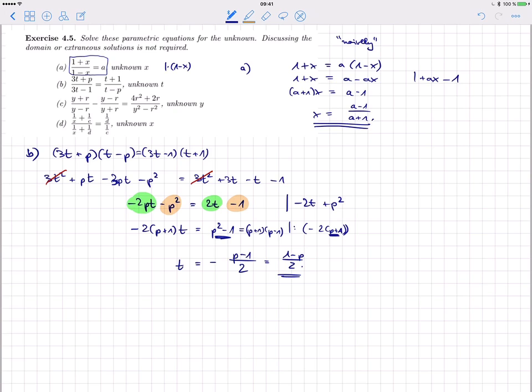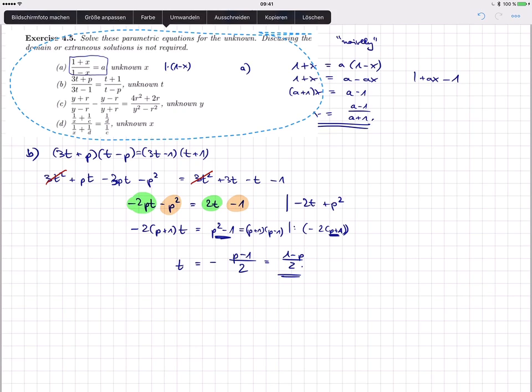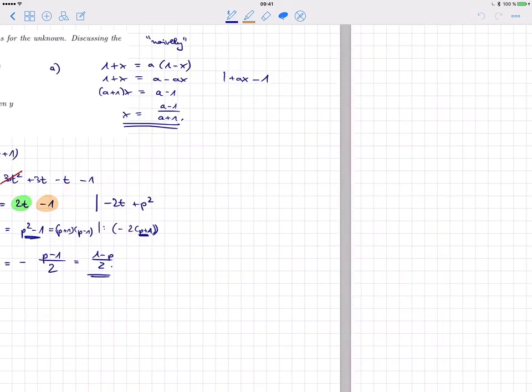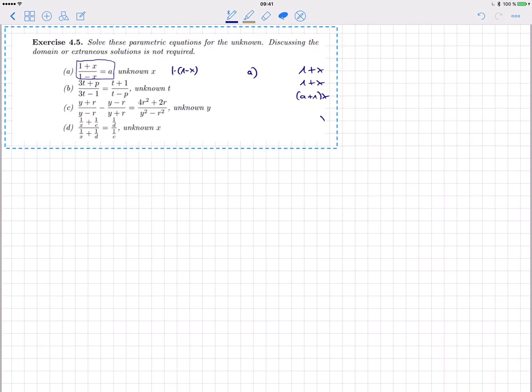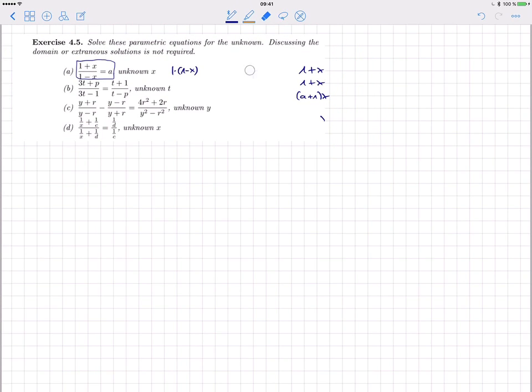Now the third equation looks complicated, and then we first look at the denominators and recognize the third binomial formula on the left-hand side, on the right-hand side.